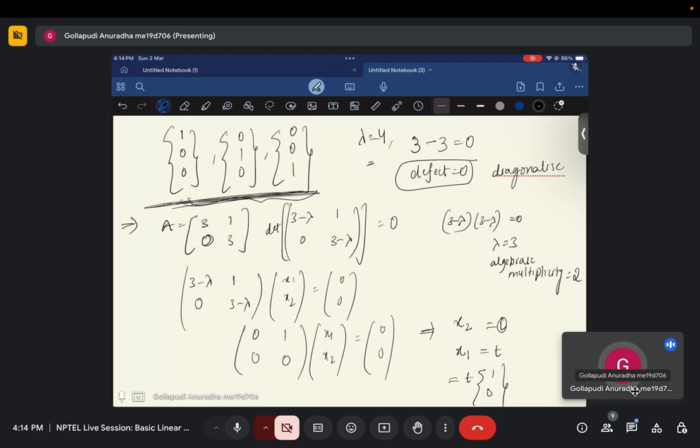Yes. So what is the geometric multiplicity of eigenvalue 3? One. Yeah, so it's 1 here. Okay, so defect, what is the defect for eigenvalue 3? It's 2 minus 1, that is 1, right?